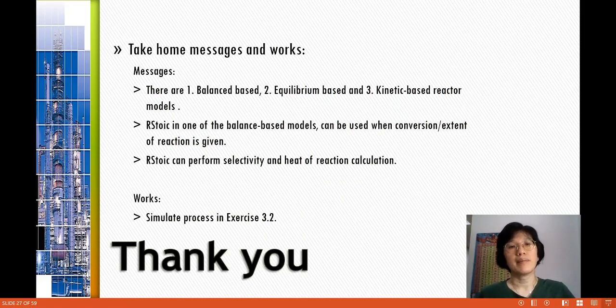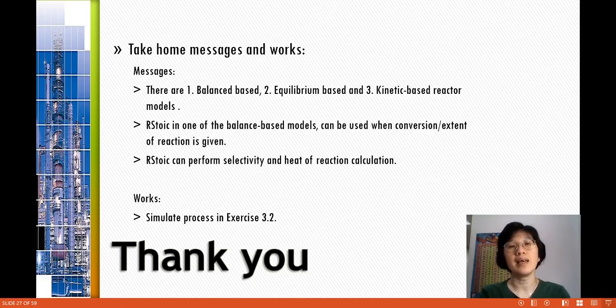So these are some take-home messages for our Chapter 3, Part A, focusing on R-Stoic, one of the balance-based models. You have to know there are different types of reactor models or reactor categories under Aspen Plus, like balance-based reactor, equilibrium-based reactor, and kinetic-based reactor.